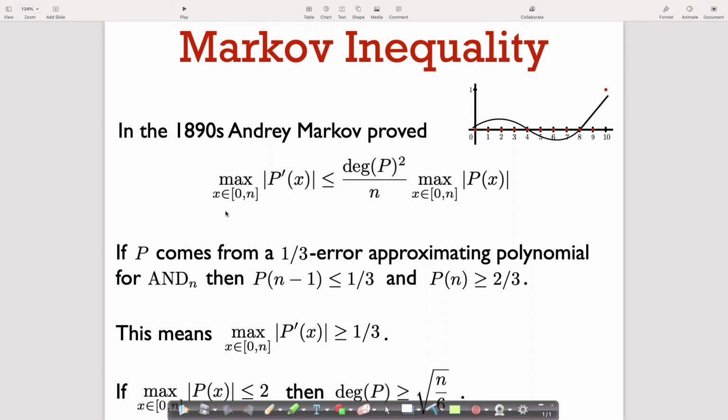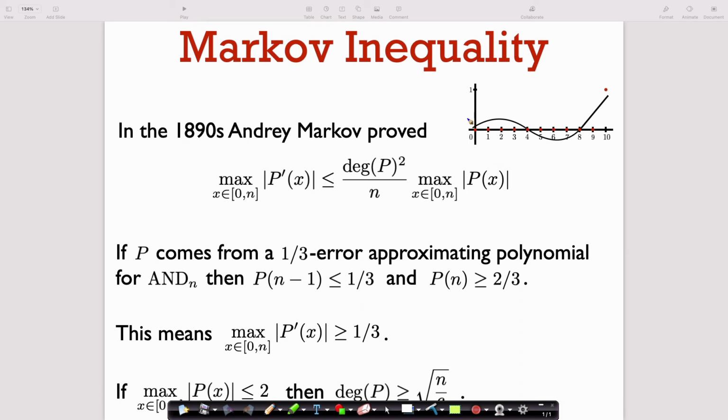Basically, it says that the derivative of a polynomial, the maximum derivative in the interval from 0 to n, is at most the degree of the polynomial squared divided by the length of this interval, n, times the maximum absolute value of the polynomial in this interval. This is like what I was saying, but there's no restriction to just consider integral points.